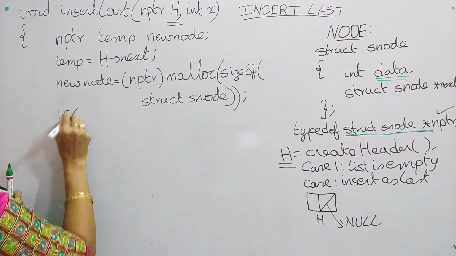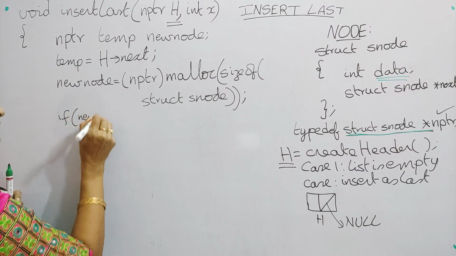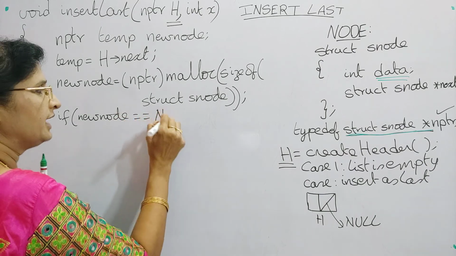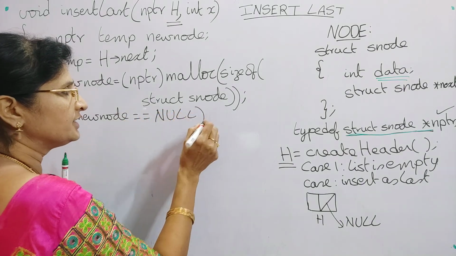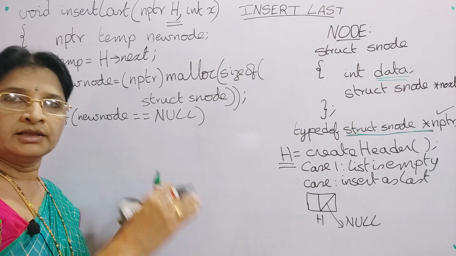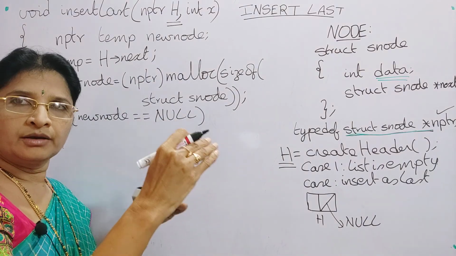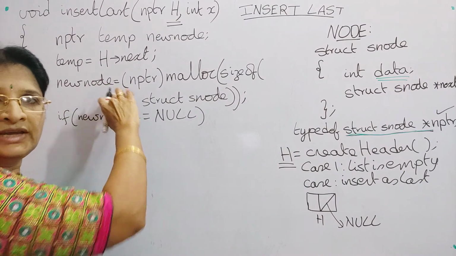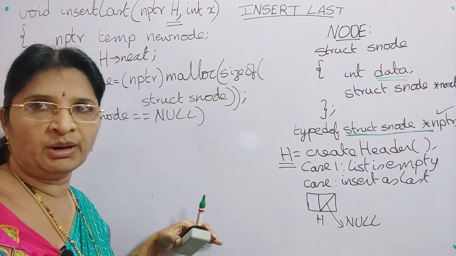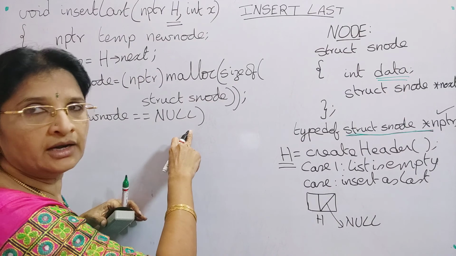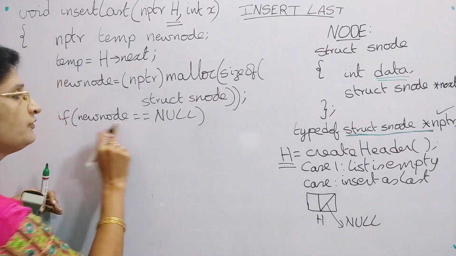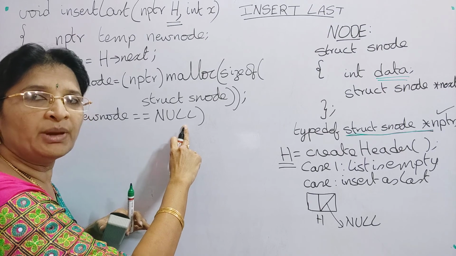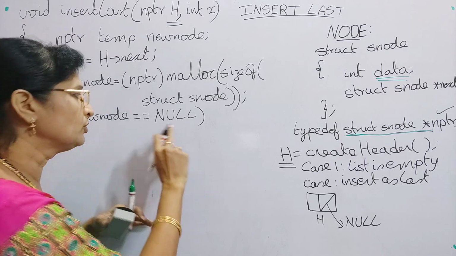So if new node double equal to null: if the memory is allocated, then the address of that memory location will be given for the new node. If it has not allocated the memory, then it will return null. So if it is equal to null, what does it indicate? It indicates that the memory is not allocated to new node.